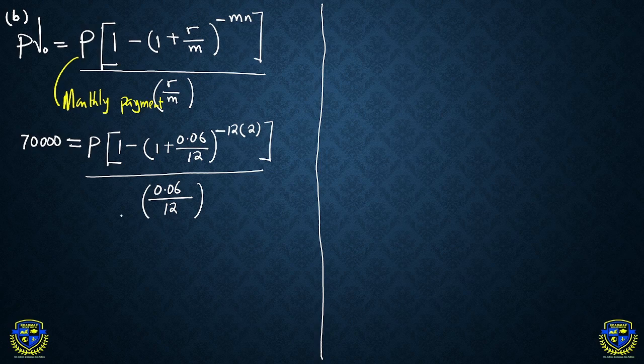So 70,000 is equal to P times this. Now, 0.06 divided by 12 gives us 0.005.